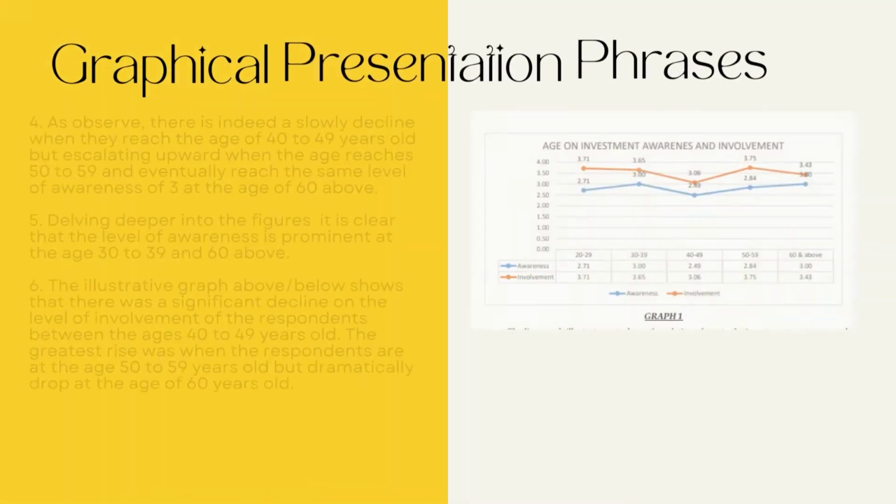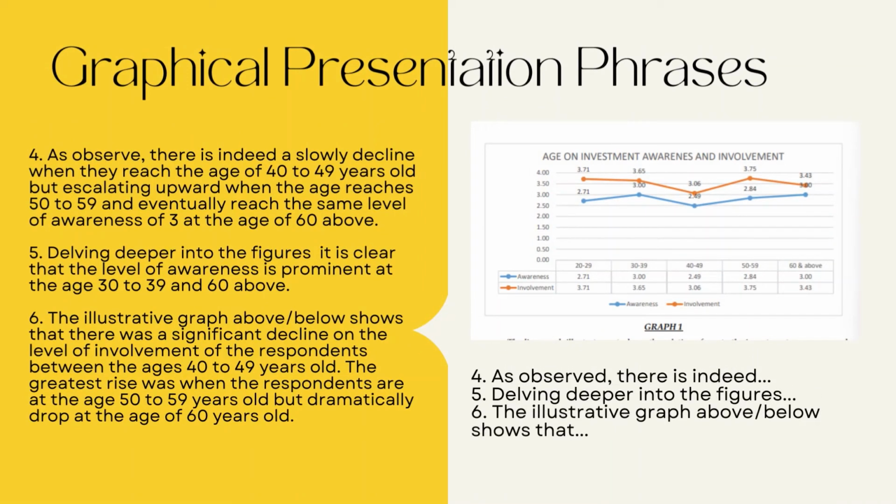So these are the example keywords or phrases for graphical presentation. Number 4, as observed, there is indeed. Number 5, delving deeper into the figures. And number 6, the illustrative graph above or below shows that.